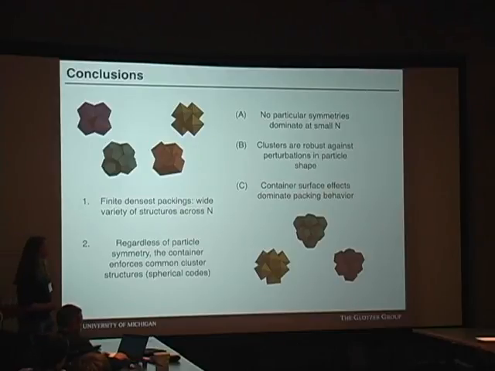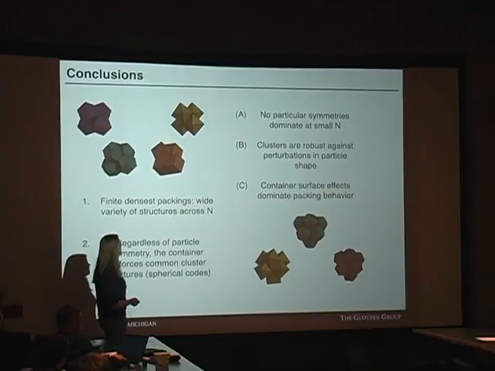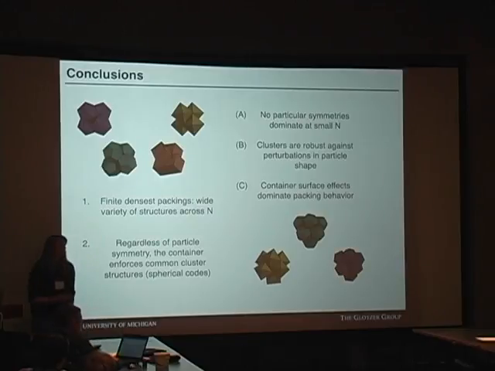That's potentially very interesting because these clusters are a class of motifs that are robust against perturbations in particle shape. If you had particles that were a little less spherical that you could only make in the lab, you could still expect, when you spherically confine them in an emulsion droplet, to generate this type of cluster structure. So the container surface is really dominating the packing behavior for these very small sizes.